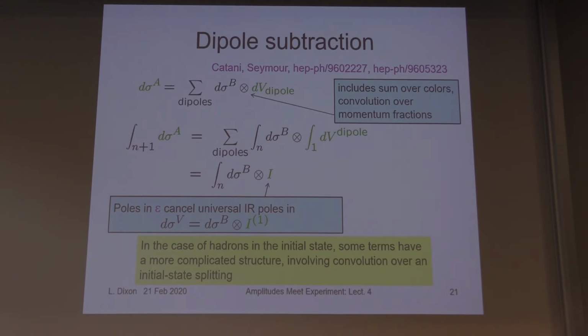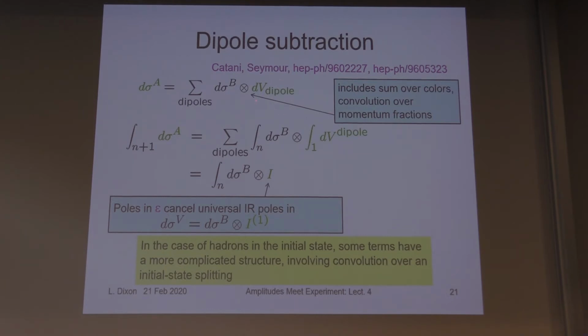So in slightly more detail, for taking, for example, the dipole subtraction formula, the approximation term is written as an explicit convolution of the Born term with a set of dipoles.